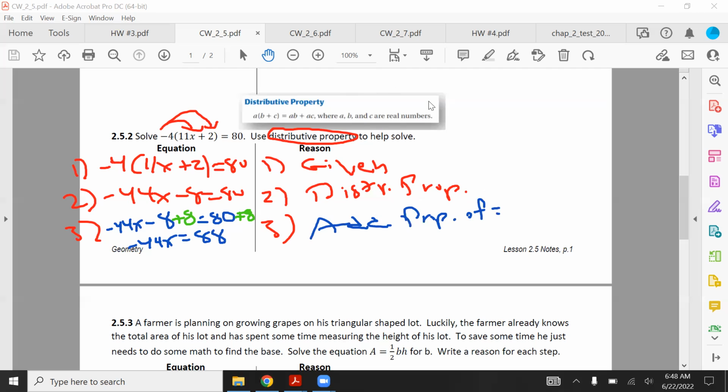And the fourth step, we call it the division property of equality.